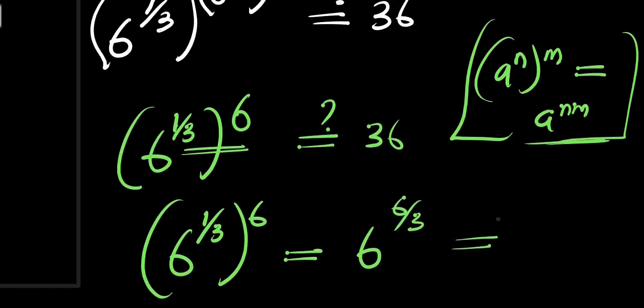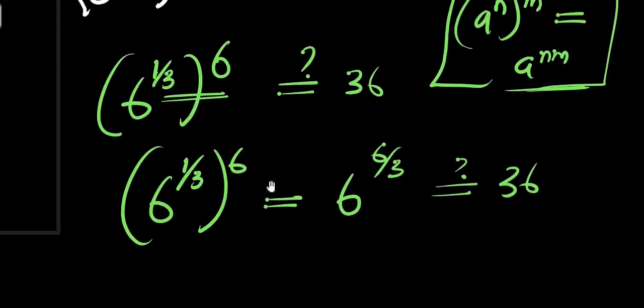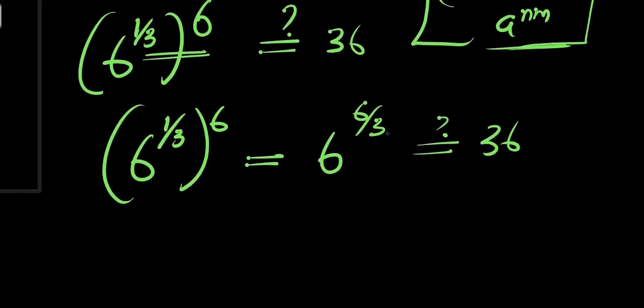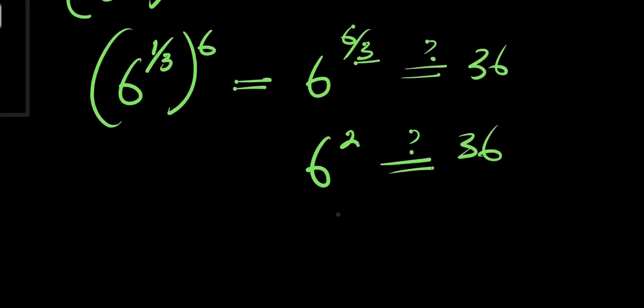Does this equal 36? So from here we have 6 divided by 3, that is 2. So we are going to have 6 power 2 equals 36. So finally, we have 6 squared, that is 6 times 6, and we have 36 equals 36.